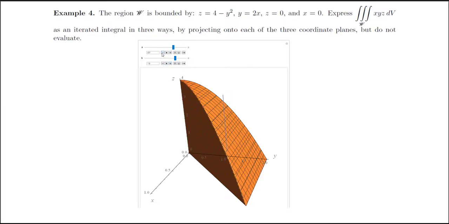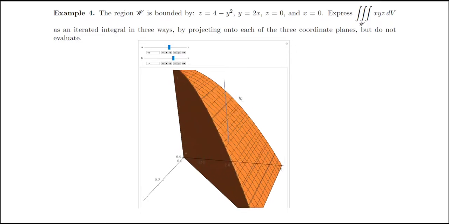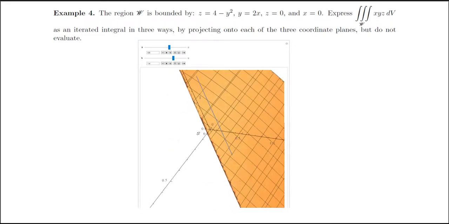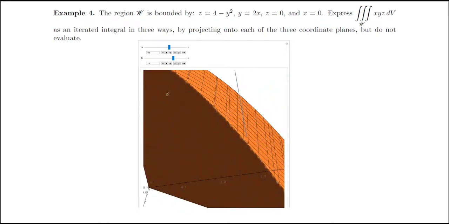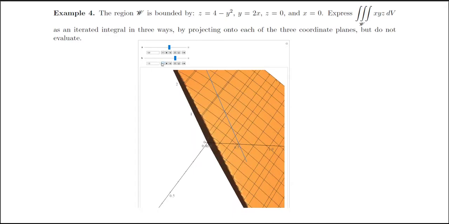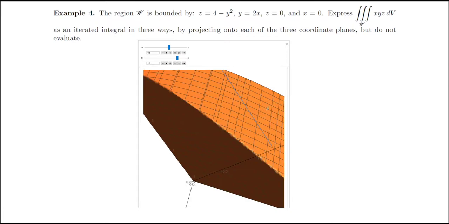Let's bring this back into the region and let the y point vary through the region. Notice that as long as we pick an x or y value that is in our region, the line always hits this top surface first. Even if we increase the value a little bit, if it hits a surface, it's always going to hit that surface on the top.